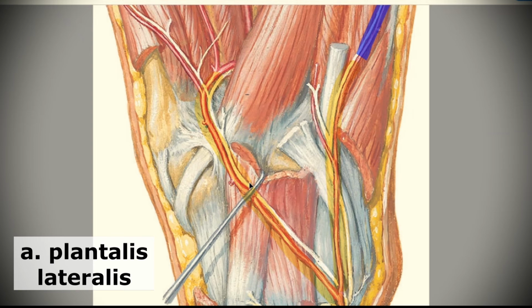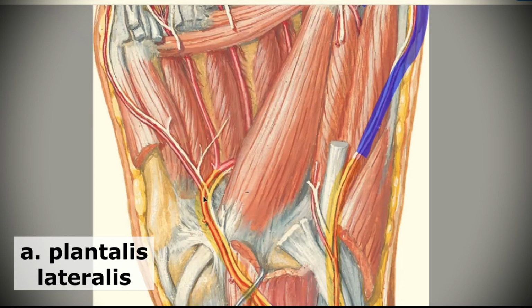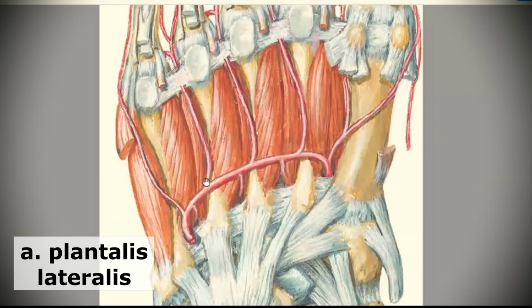Lateral plantar artery declines to the lateral side, and on the level, as you can see, of the base of the fifth metatarsal bone, it will decline to the medial side, go until the first intermetatarsal space, and here will create anastomosis.